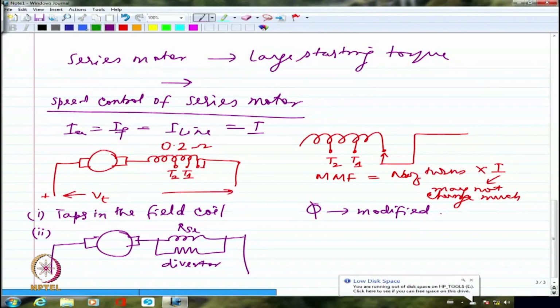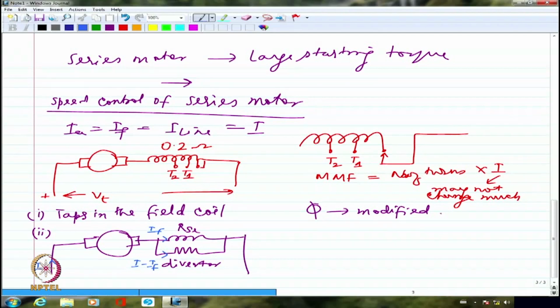So if the current flowing here is IF, whereas this will be I minus IF. Whatever is the current I minus IF does not contribute towards MMF production. It's only meant for dissipation, nothing more than that.